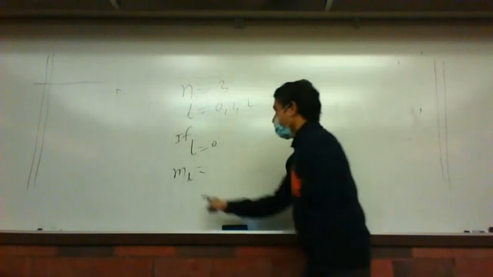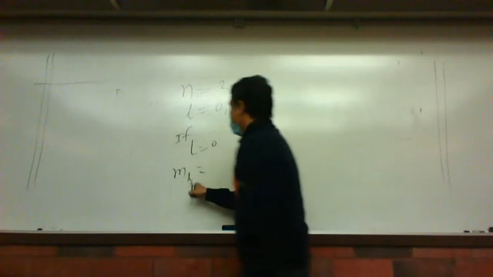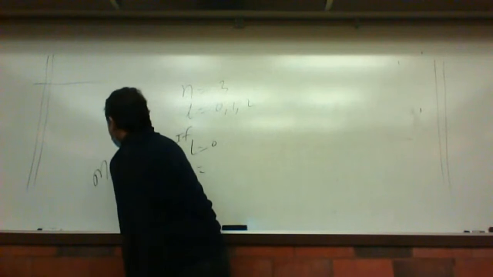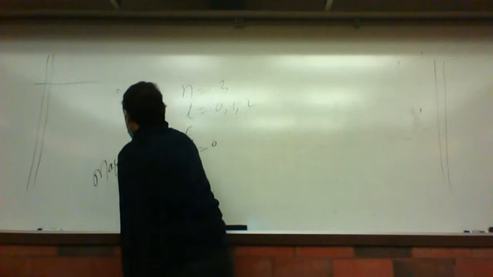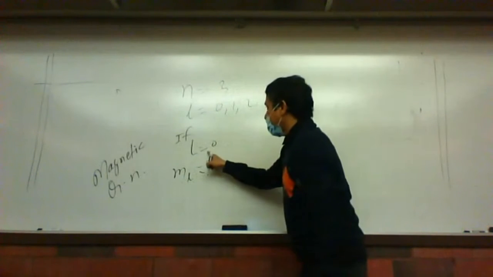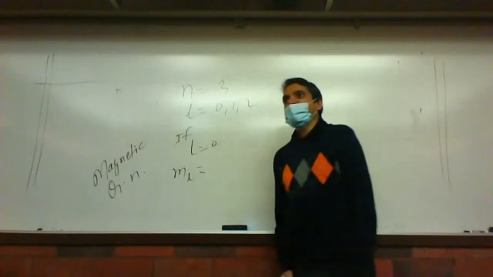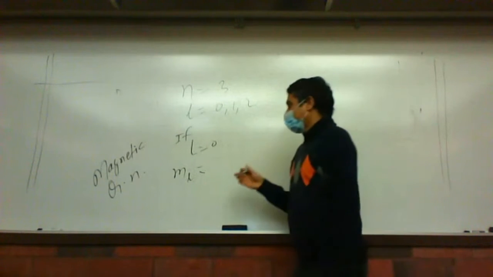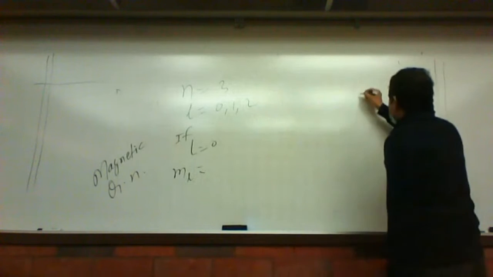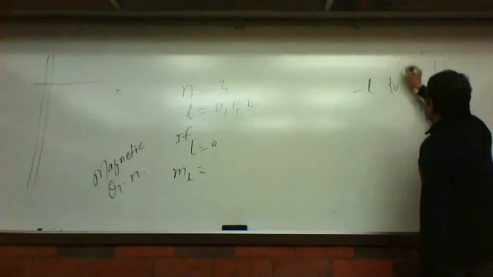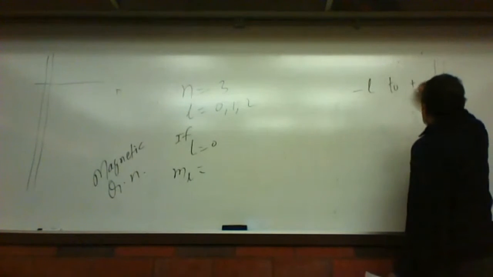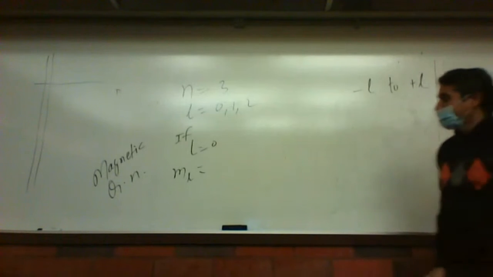Sorry, this is the magnetic quantum number. We already did the azimuthal quantum number. From azimuthal quantum number, we derive the magnetic quantum number. So it is minus L to plus L value.